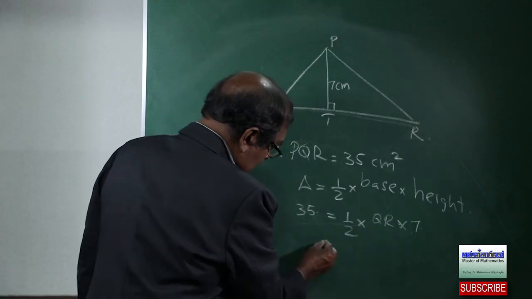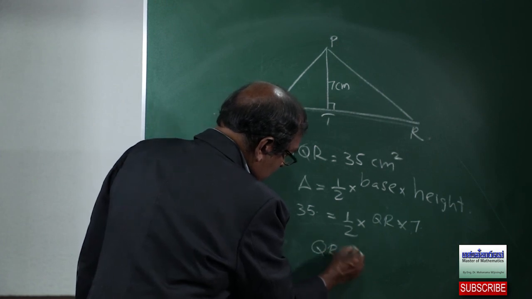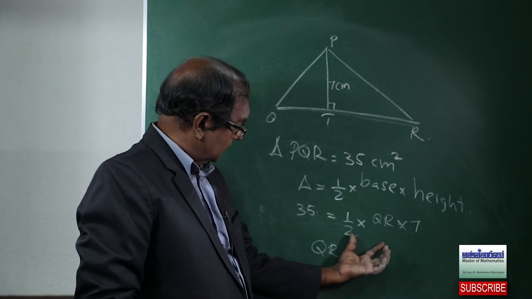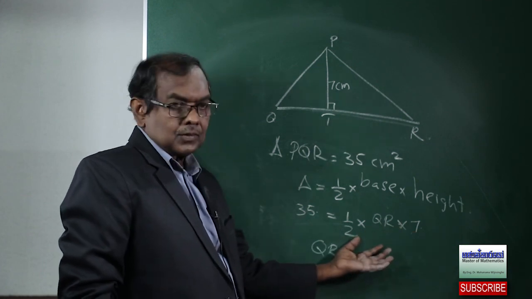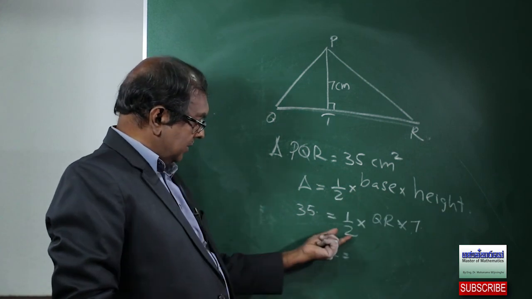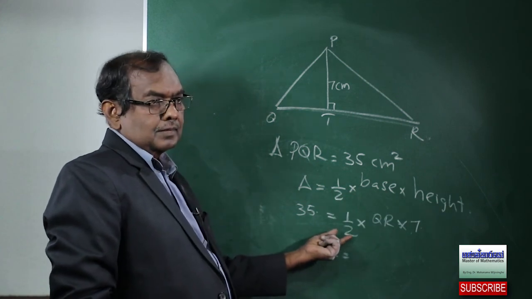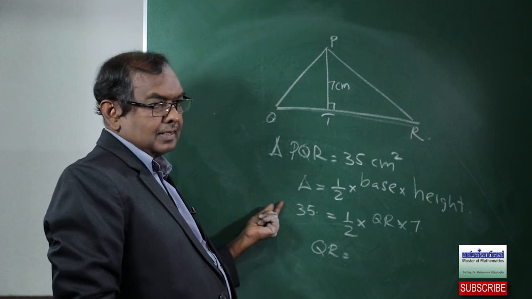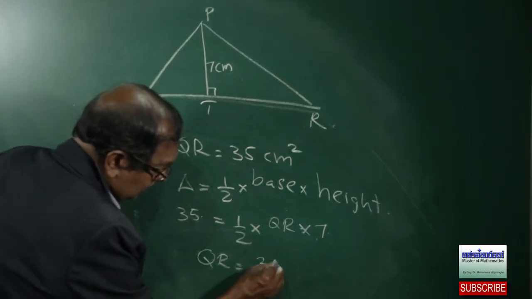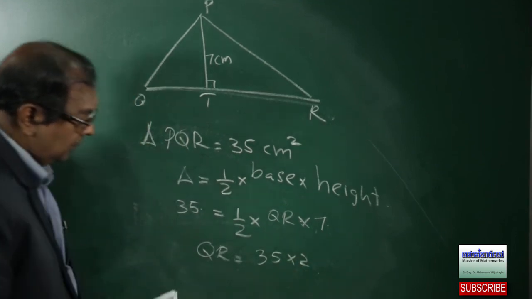Then QR equals, to get the value of QR, all the other values have to be taken to the other side. Divided by 2, when we take the left hand side, it will be multiplication. 35 into 2.